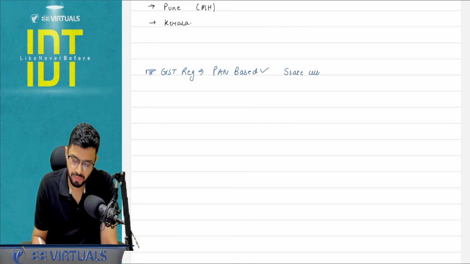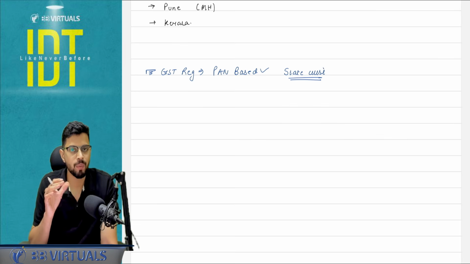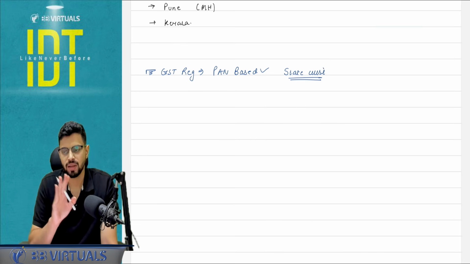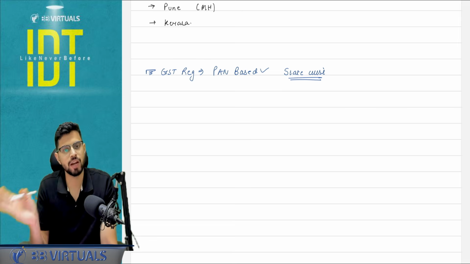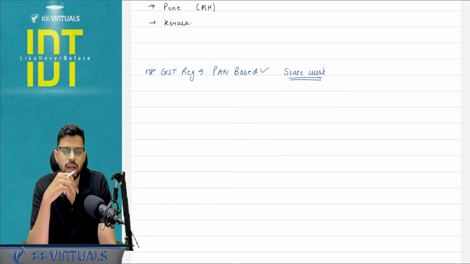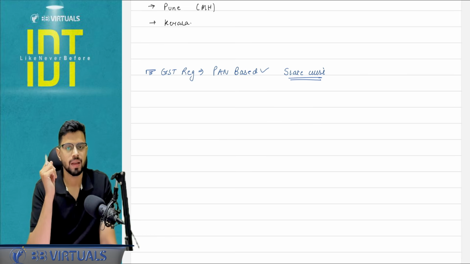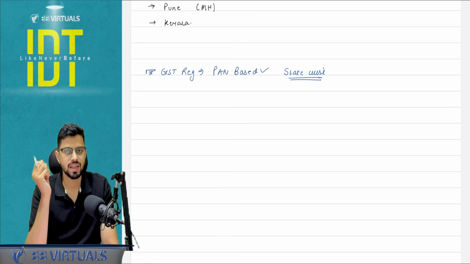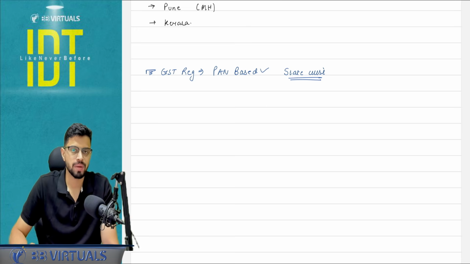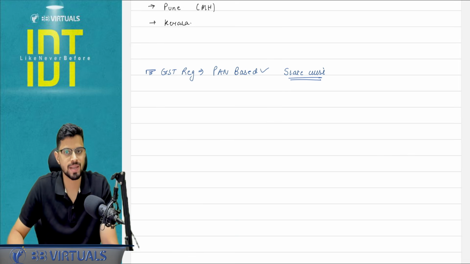If I am operating in Delhi and Maharashtra, the registration will be separate, for the obvious reason that the state government is separate. So I need a state-wise registration.